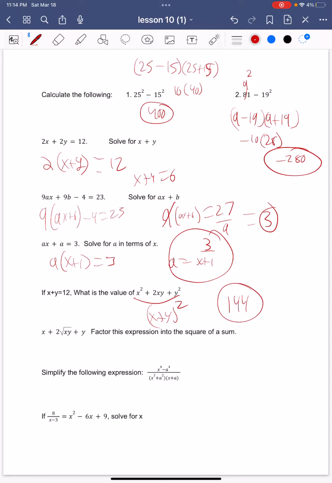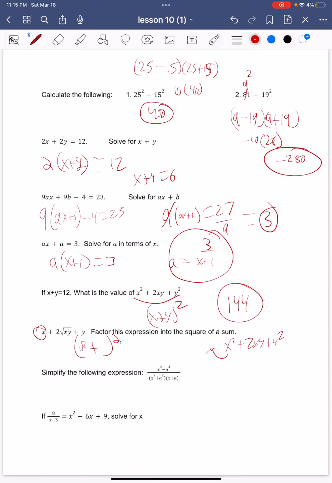x plus 2 root xy plus y. We need to factor this expression into the square of a sum. So this is going to be something plus another thing, squared. Now, we know that the square of a sum follows x squared plus 2xy plus y squared. And if this term is just an x, what squared becomes x? That's root x.